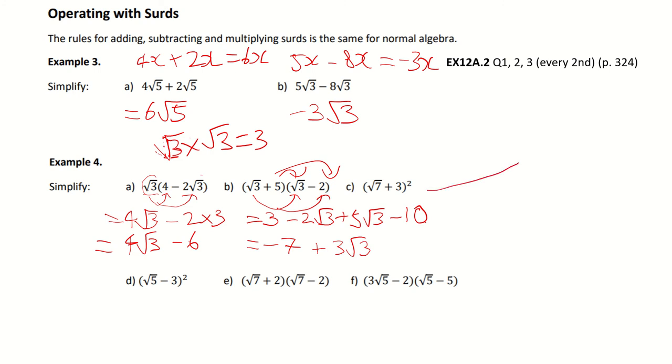So I'm going to do over here. When something's all squared like this, we can either use the binomial expansion, or we can do it as square root 7 plus 3 times by square root 7 plus 3. I don't care how you do it. I'm going to use the binomial expansion.